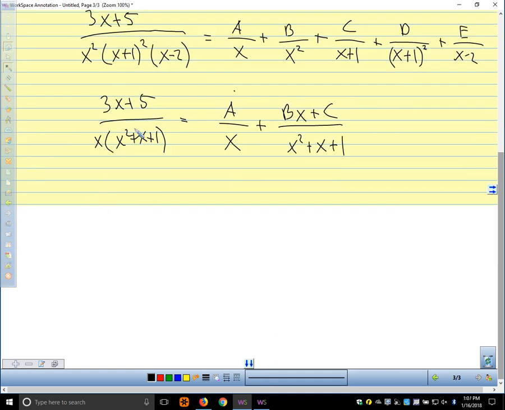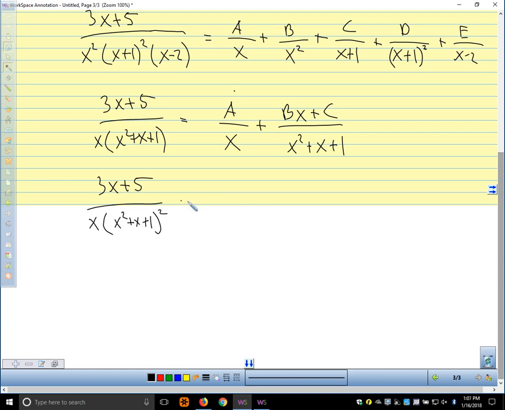And let's do one more, and then we'll go through the process. So we factor the denominator, and we end up with an x squared plus x plus 1 squared.